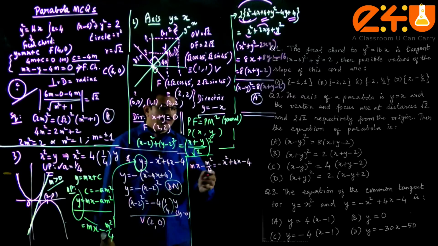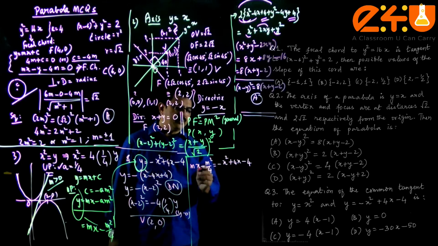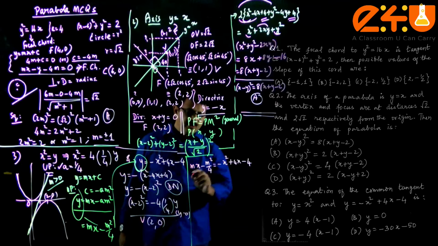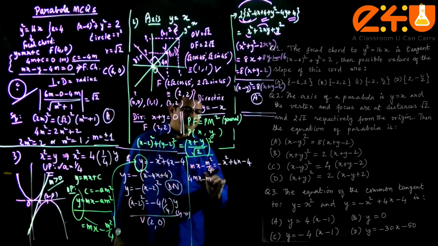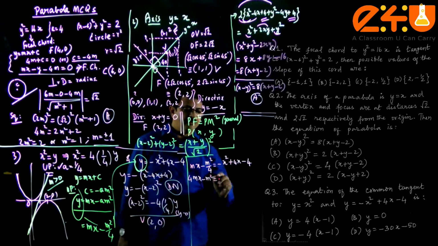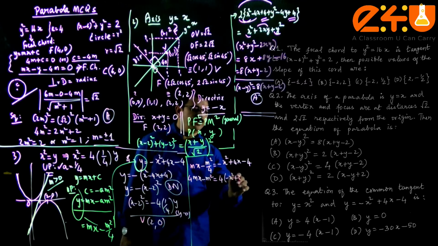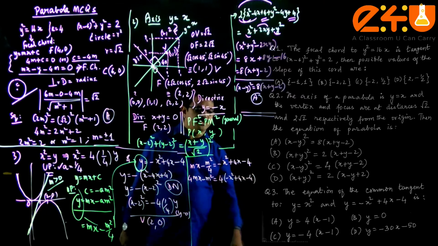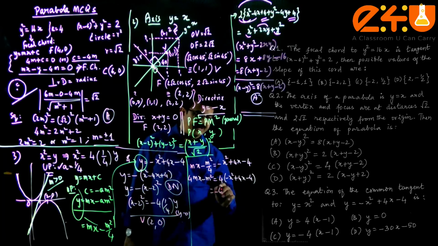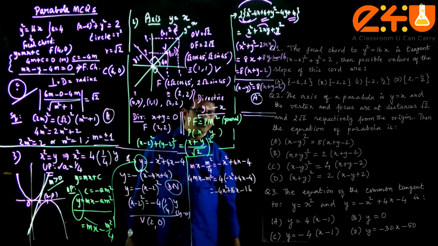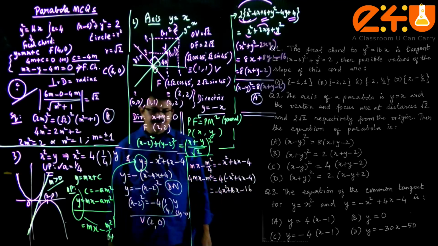Done. Now take the LCM. 4mx minus m square, and multiply across 4 times the terms here. So that gives you minus 4x square plus 16x minus 16.